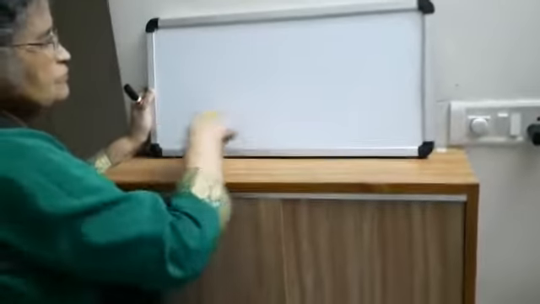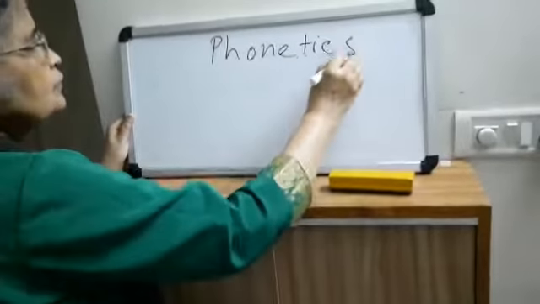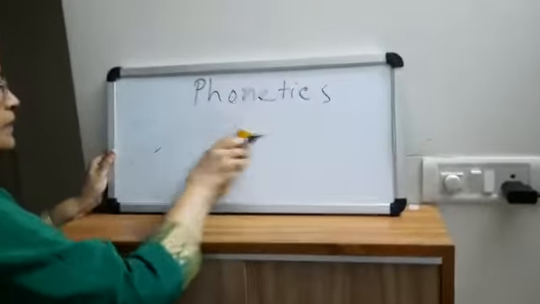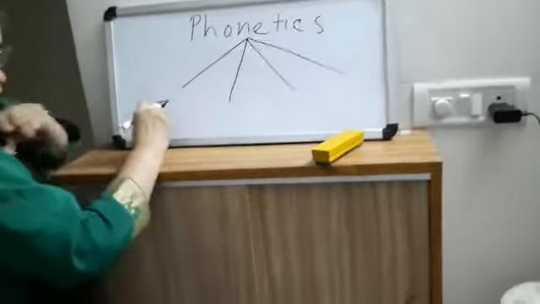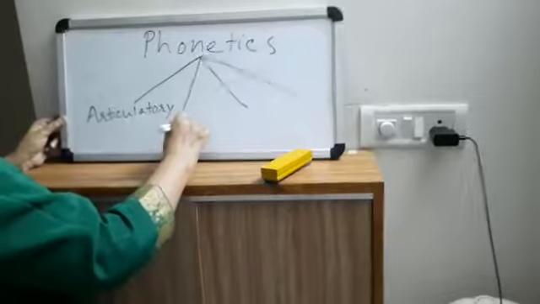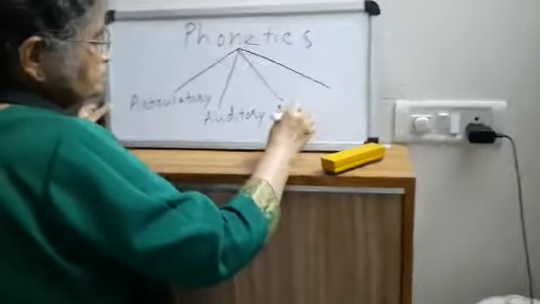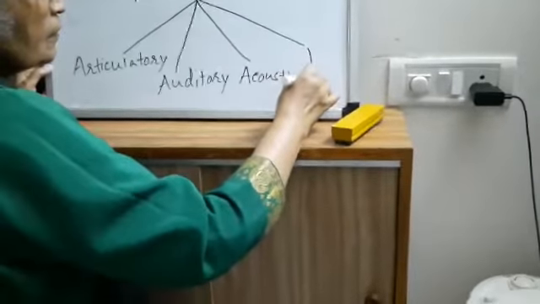Now based on these, we have 4 different branches of phonetics. I will write here what these 4 different branches are. Phonetics has 4 different branches: articulatory, auditory, acoustic, and experimental.